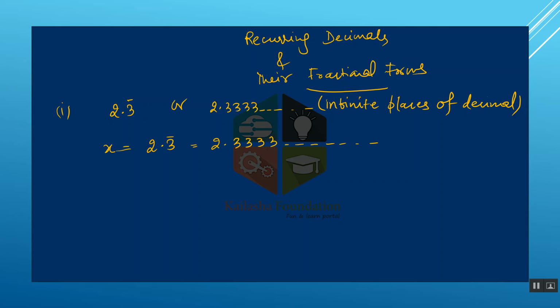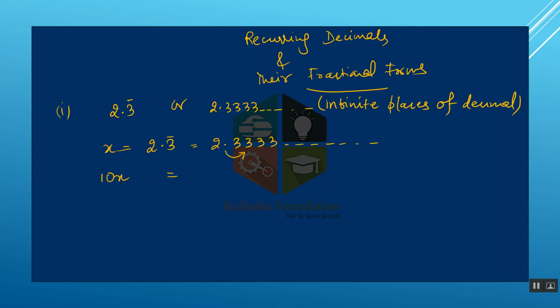Okay, when we multiply both sides by 10, we get 10x is equal to... You must be very clear about one thing: whenever we multiply a decimal by 10, the decimal shifts right one place.